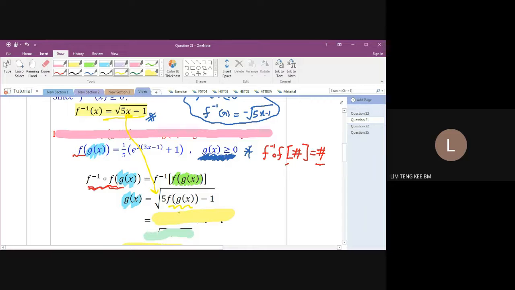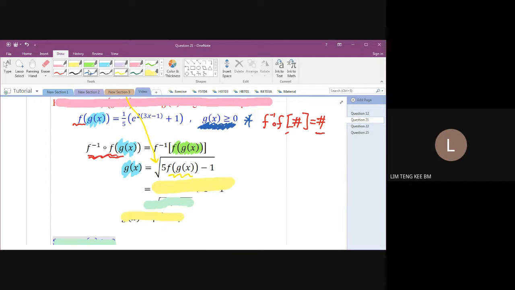Then I substitute my function of fg, and what I have here is 5 times fg. fg is 1 over 5 times the exponent plus 1. So if I want 5 times of it, I just have the exponent term. Again, observe carefully, this happens because I have multiplied by 5 here. Continue, I simplify the answer.